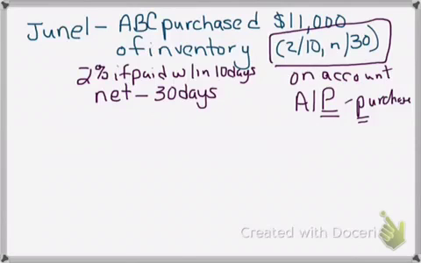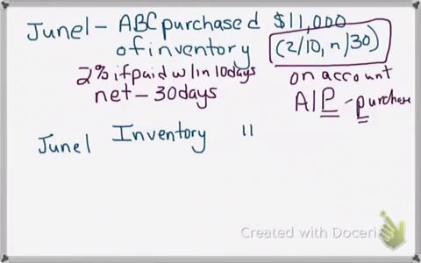So when I look at this particular entry, what I am going to find is that I have June the 1st, and we are purchasing inventory. Inventory is an asset account, and we are increasing our inventory account, so that means we increase inventory as a debit.